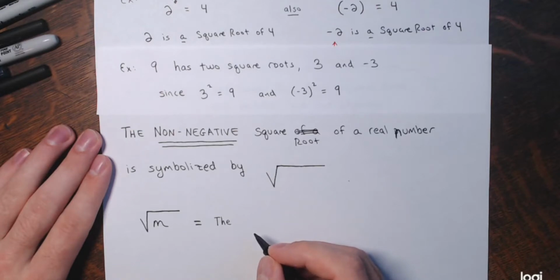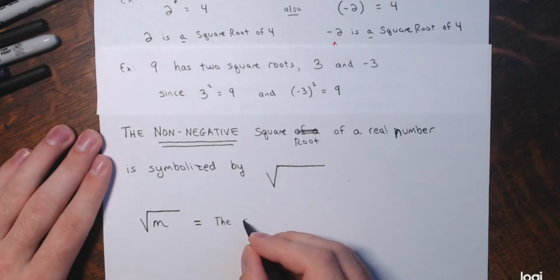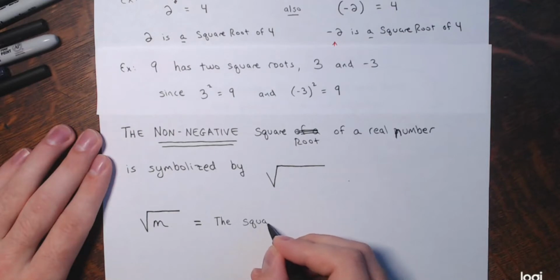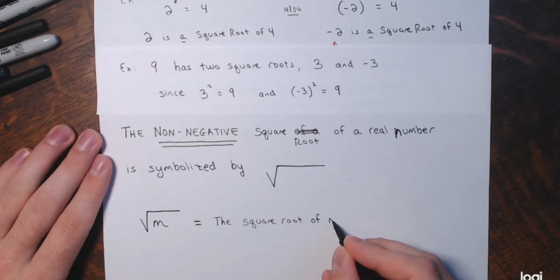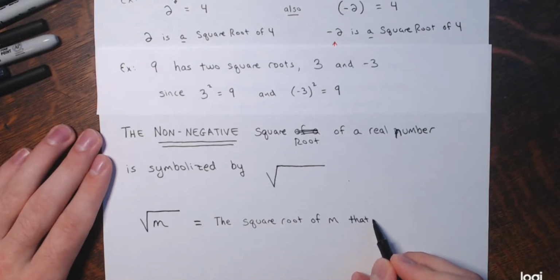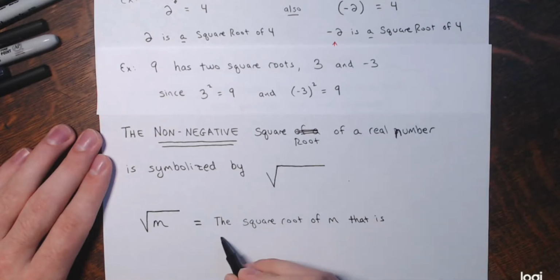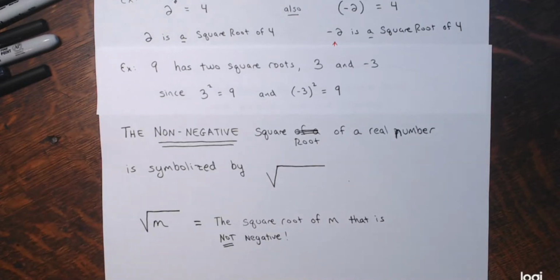The square root that's not negative. The square root of m that's not negative. So I'm going to put that in another colorful box here.